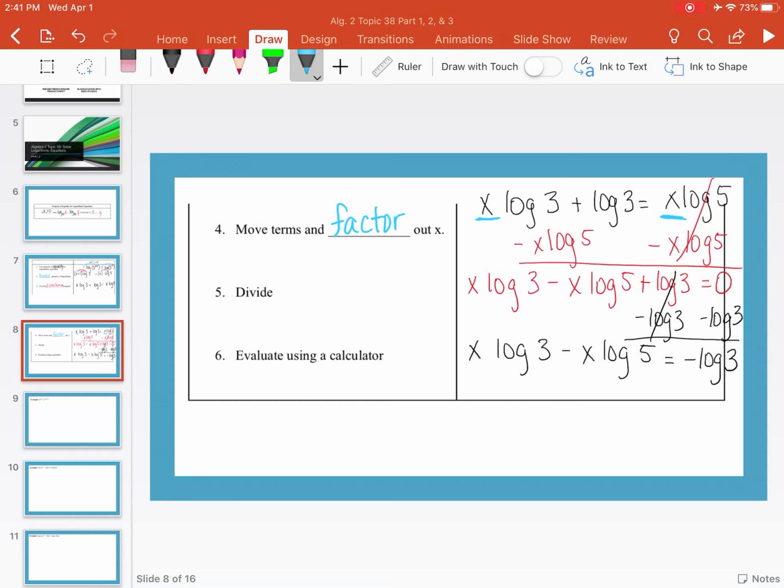Now, because we both have our x on this side, we can factor it out. So we'll end up with x times log of 3 minus log of 5 equals negative log of 3. Now, because we want to get x alone, we're going to divide.